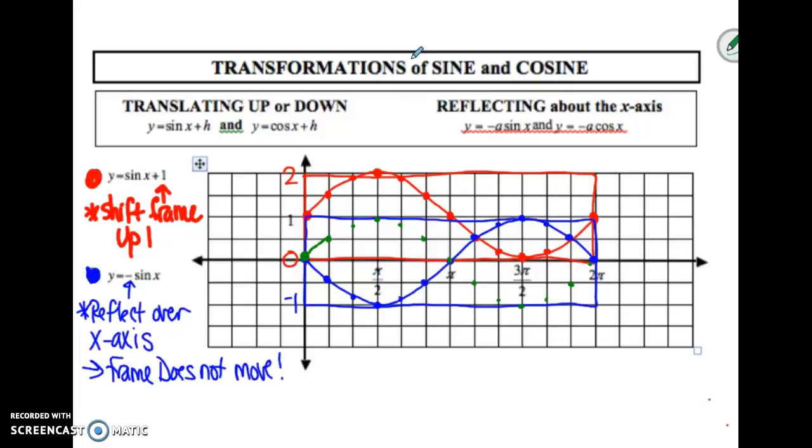This is my parent here in green. So you can see what our transformations have done. Our first transformation just shifted our picture frame up. Our second transformation did not change our picture frame, but it flipped our graph over.